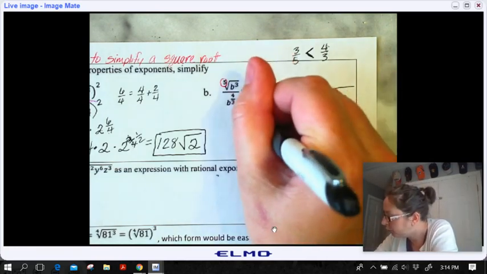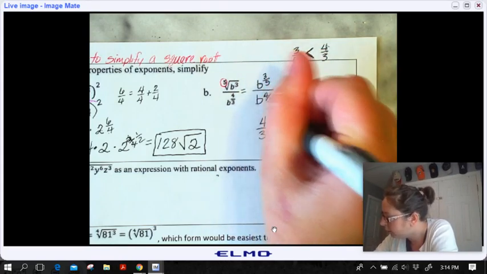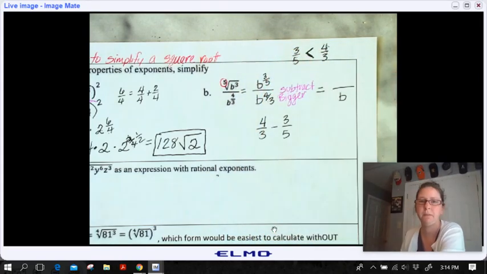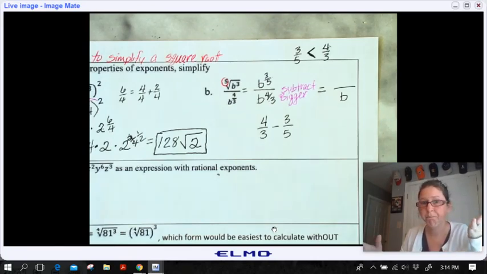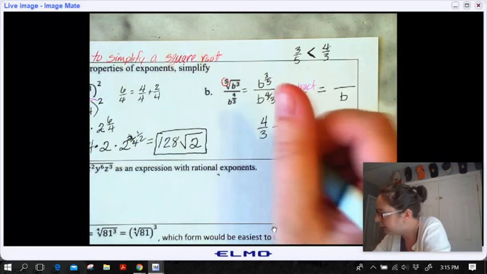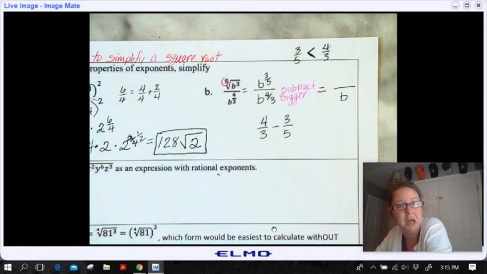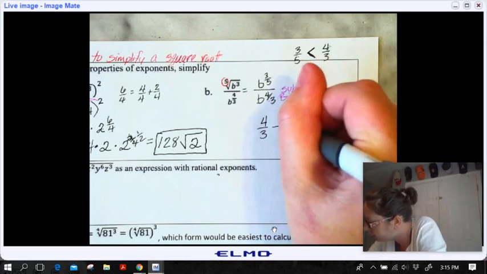So I need to do 4/3 minus 3/5. This requires that I use some fraction knowledge. So in order to subtract fractions, you need to have a common denominator. So let's say that the common denominator, the LCD in this case, is going to be 15. So 5 times 3 is 15.